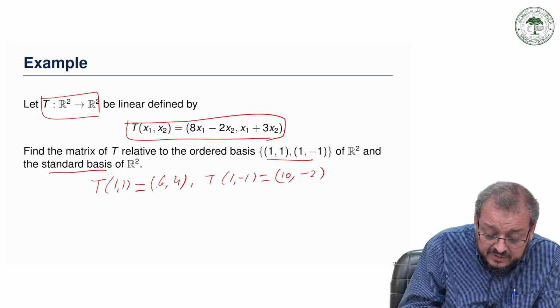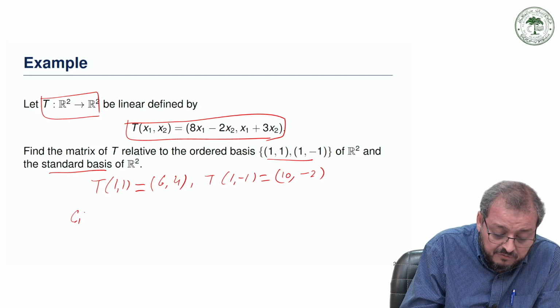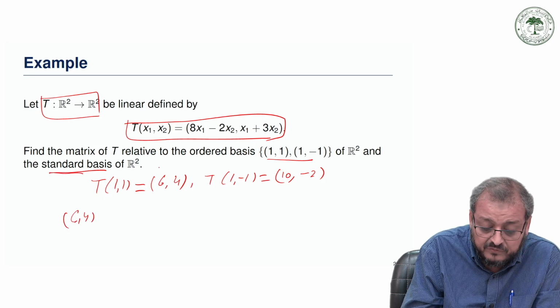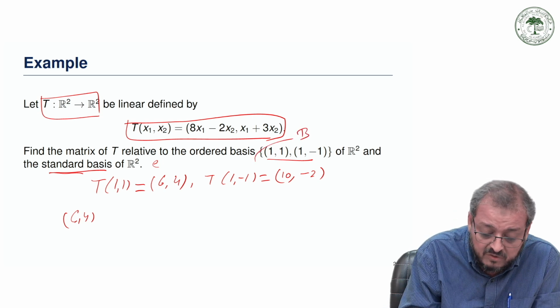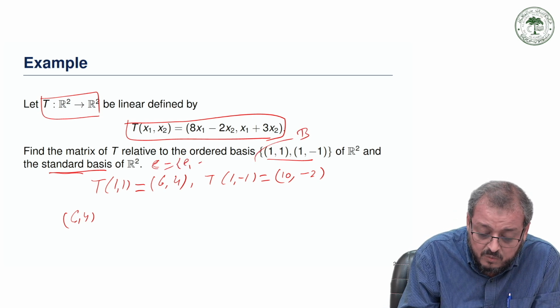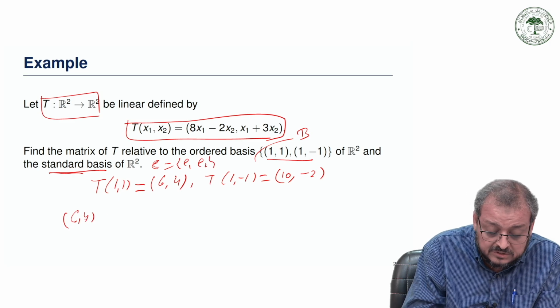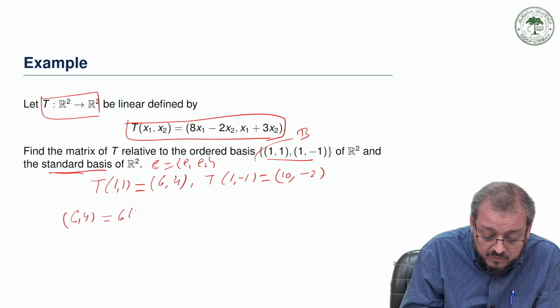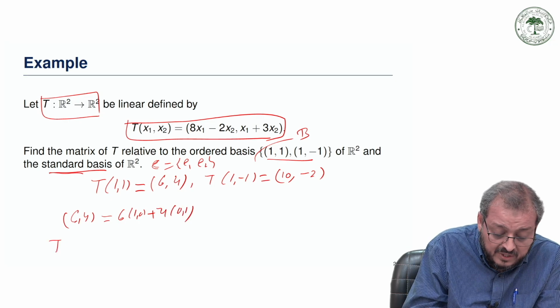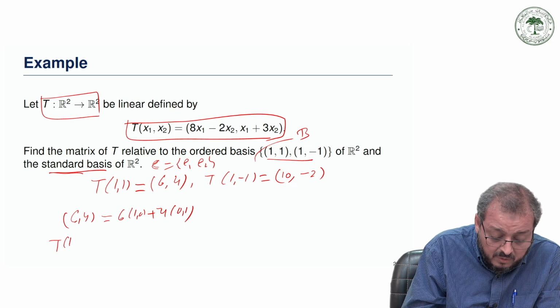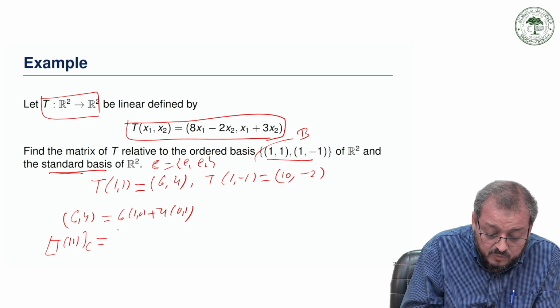Now we have to write this (6, 4) in the standard basis. Standard basis E, this is our B and this is our C, equal to E1 and E2. So this (6, 4) can be written in the form 6 times (1, 0) plus 4 times (0, 1). So we can say that T of (1, 1) related to the basis C is the column vector 6 and 4.